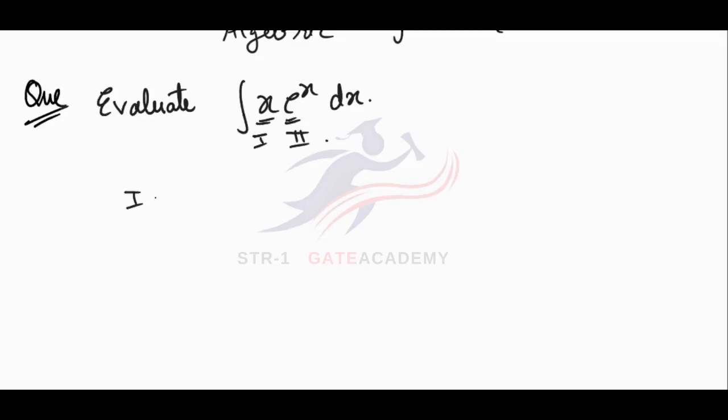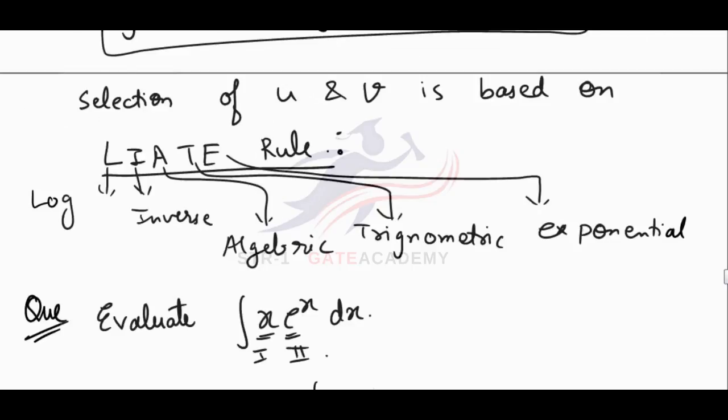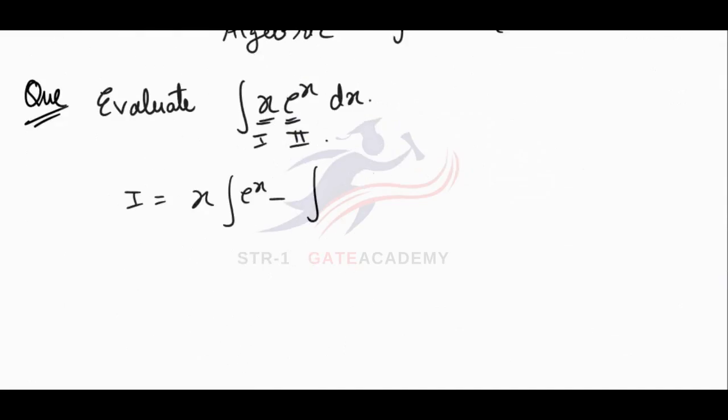We'll say I is nothing but first function into integration of the other minus derivative of the first, that is 1, into integration of the other. So it is nothing but x e raised to x minus e raised to x. So you can take e raised to x common, it is x minus 1.